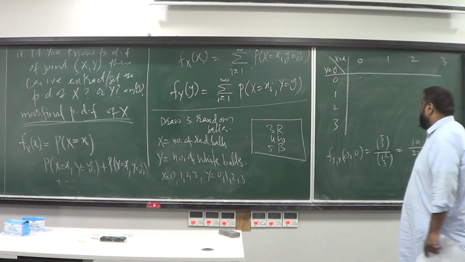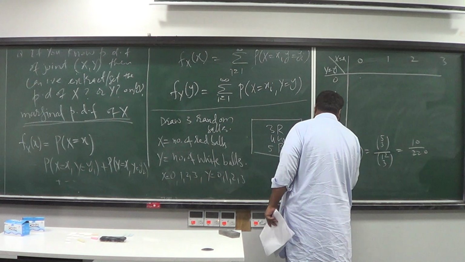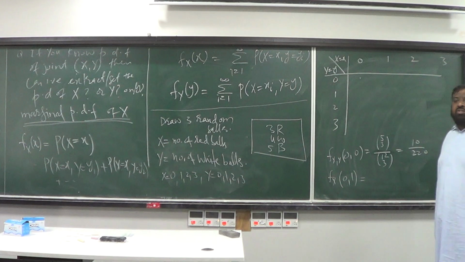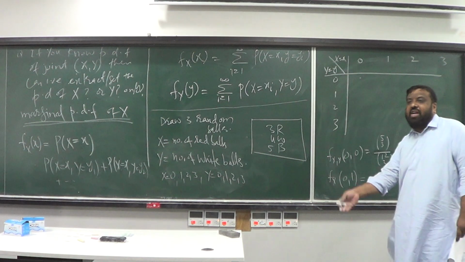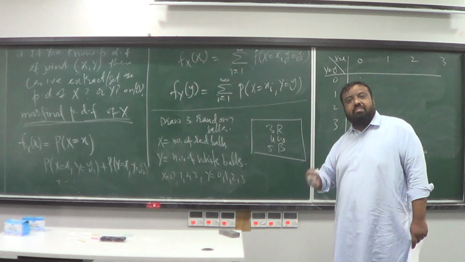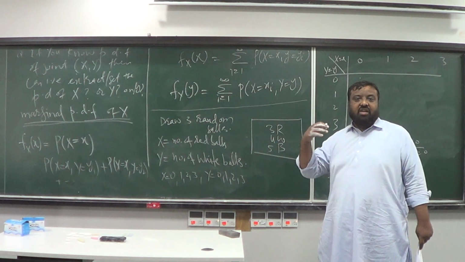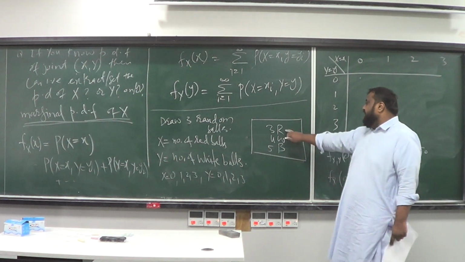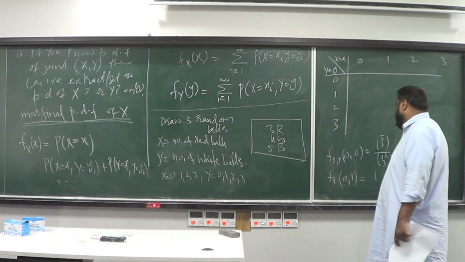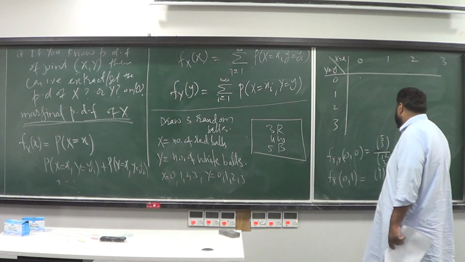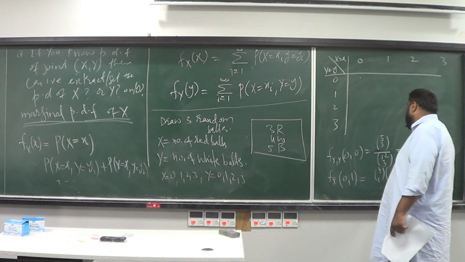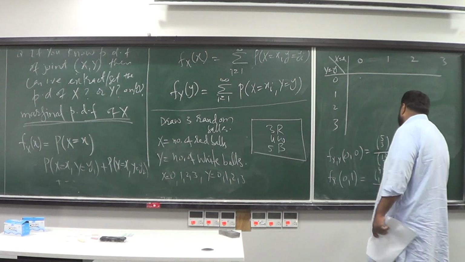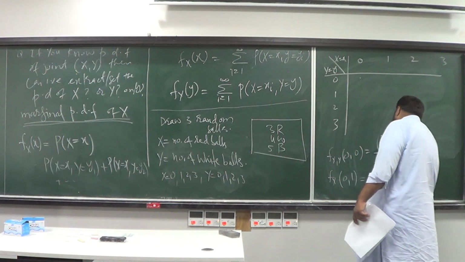Similarly, I can ask, what is the probability of having no red ball and 1 white ball? If there is no red ball and 1 white ball, it means that the 2 other balls must be of blue color. So out of the 4 white balls you have 1 white ball, and out of 5 blue balls you have 2 blue balls, and everything is divided by 12 choose 3.